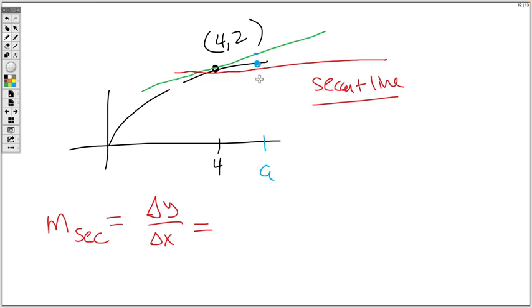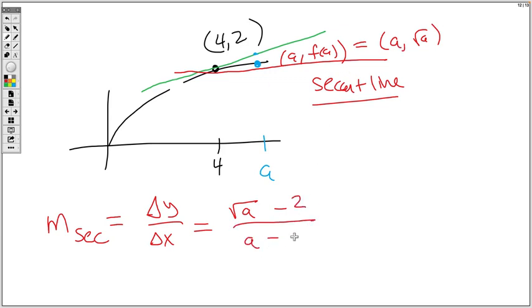So let's see. We would have your a comma f of a here, which would be your a comma square root of a. So we would have the square root of a minus 2 over a minus 4. And that would be my slope of that secant line.